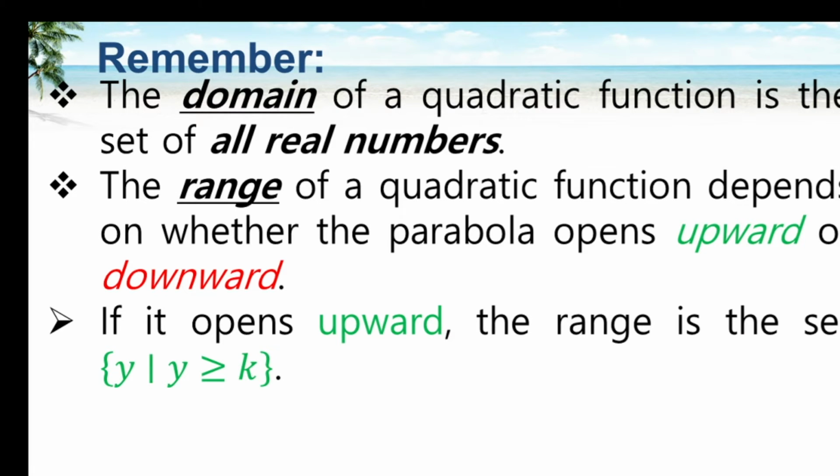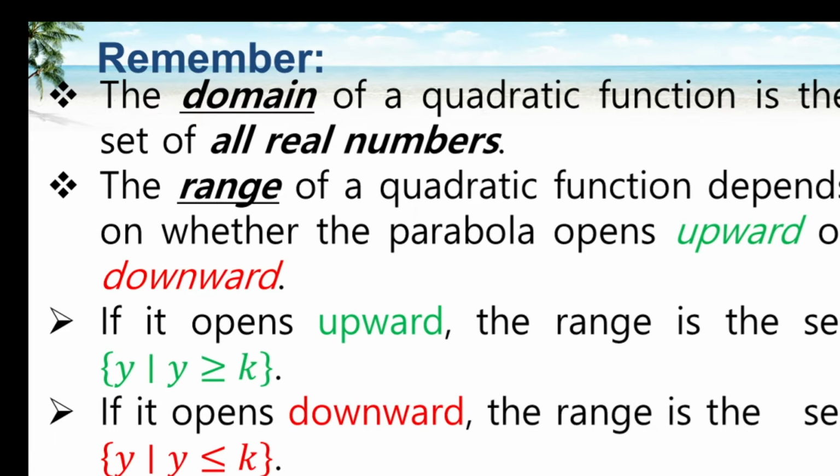If it opens upward, the range is the set of all y such that y is greater than or equal to k. If it opens downward, the range is the set of all y such that y is less than or equal to k.